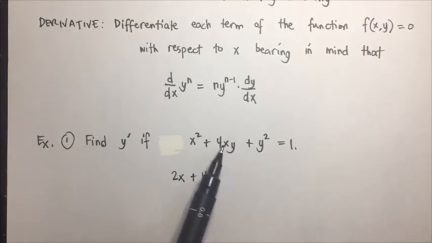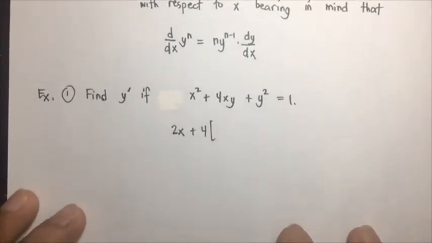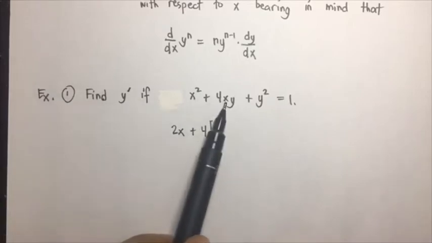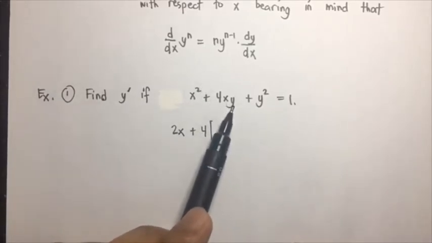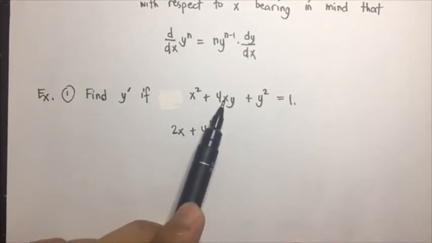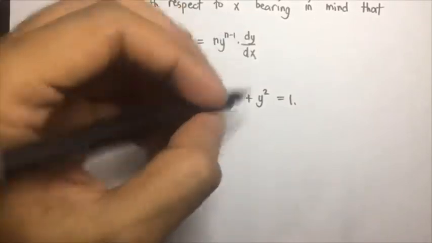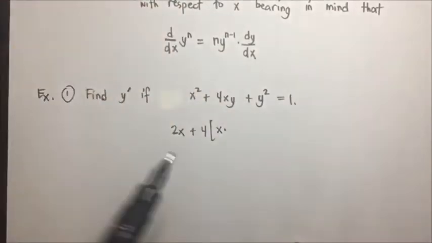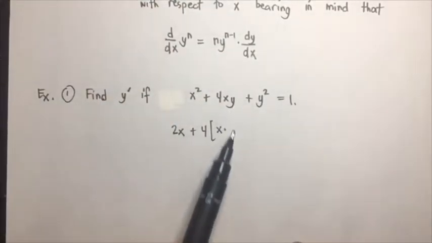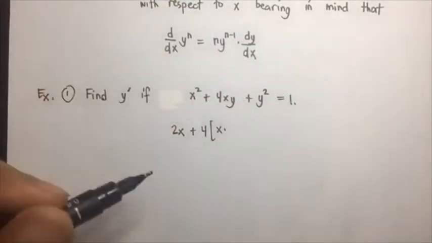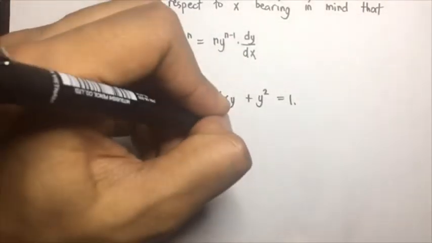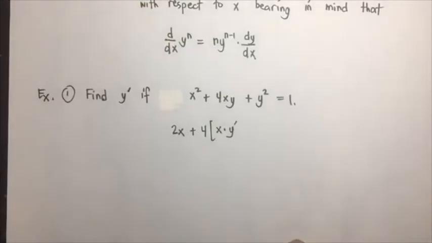The product of x and y will still follow the product rule: first factor multiplied by the derivative of the second factor plus the second factor multiplied by the derivative of the first factor. So x for the first factor multiplied by the derivative of y with respect to x. So that is dy over dx or y prime.